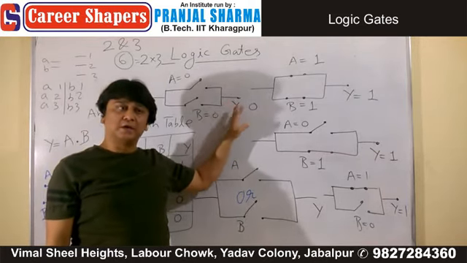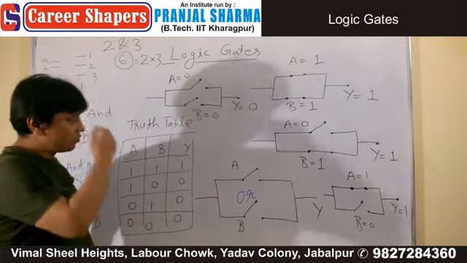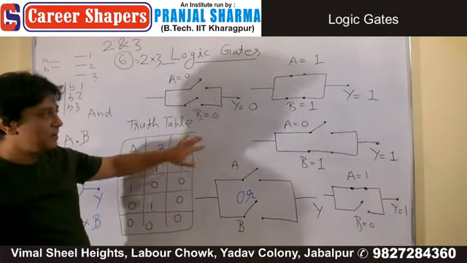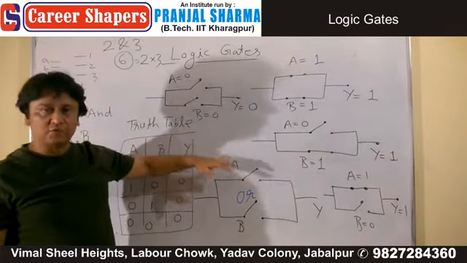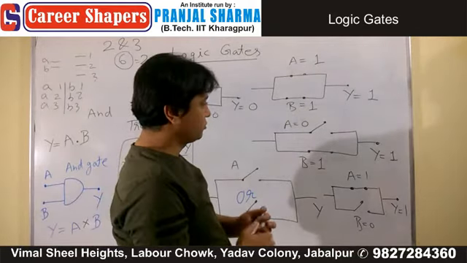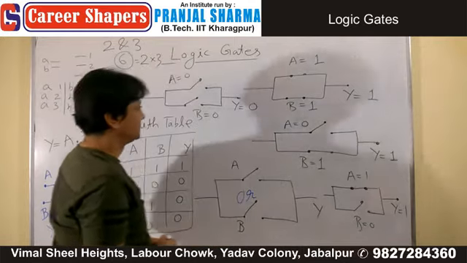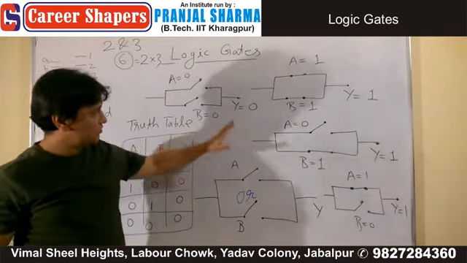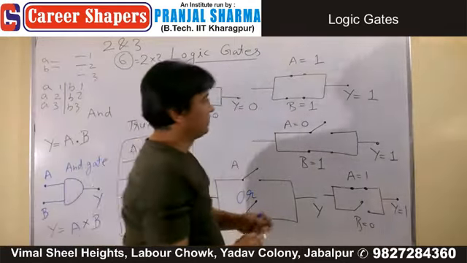That means your Y is also what? 0. If your Y is 0, then for a circuit like this, if you draw a truth table, then that truth table will look like this. Do one thing, draw this much information. Now let's do it fast over here.